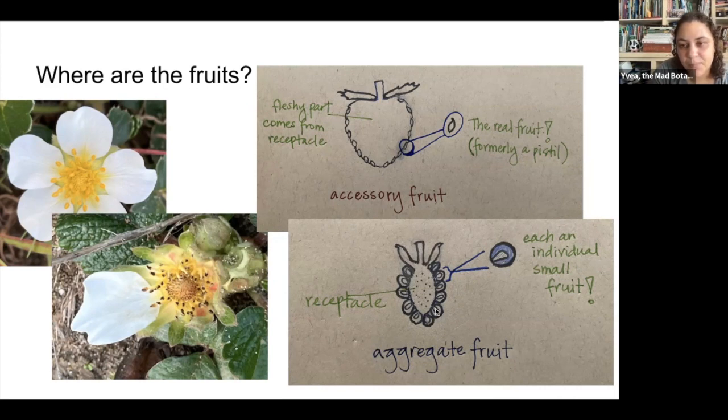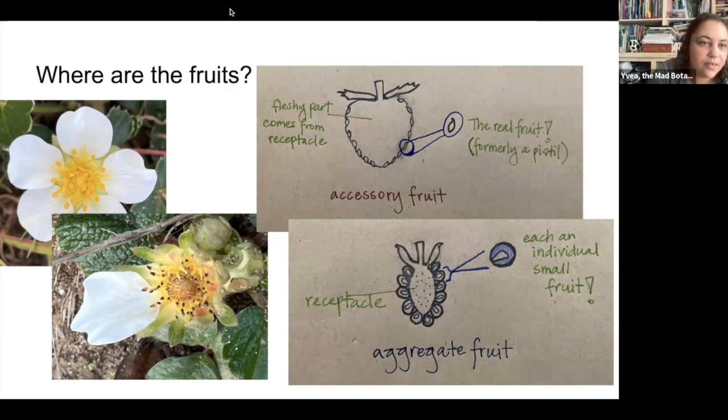And in both cases, we call them false berries or false fruits because the majority of the part that we eat comes from something that was not made by a pistil. Again, that doesn't matter so much, but it is nice to know how they work. So that is about those.